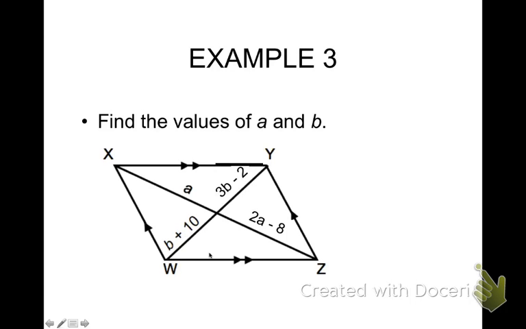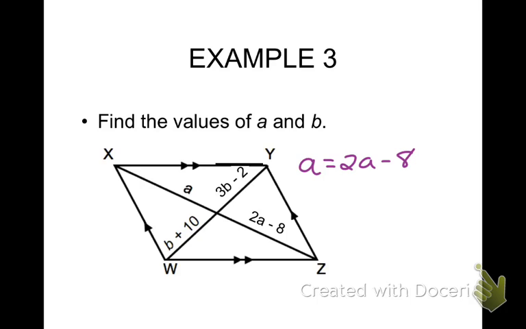Find the values of a and b. Well, a is on this top of the diagonal, which would be equal to which expression on the other side? What would the diagonals be to each other?